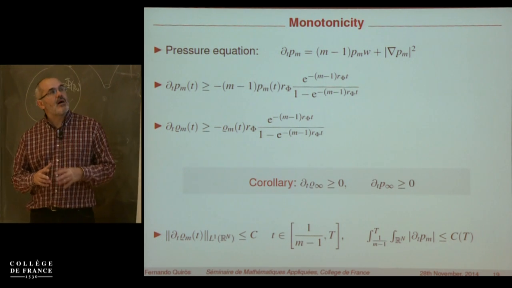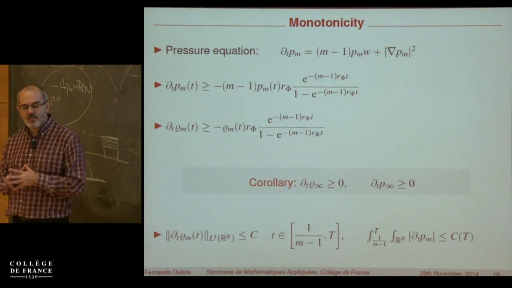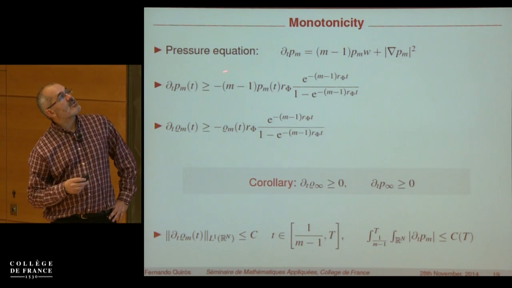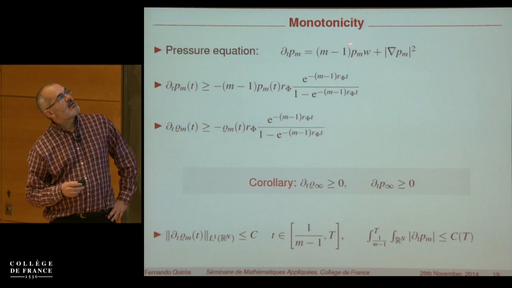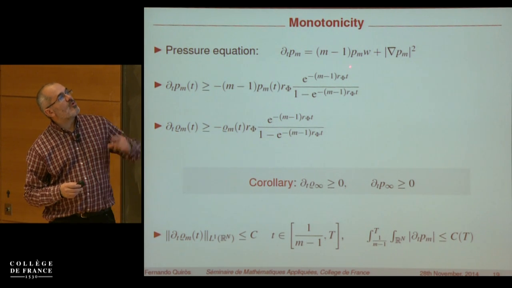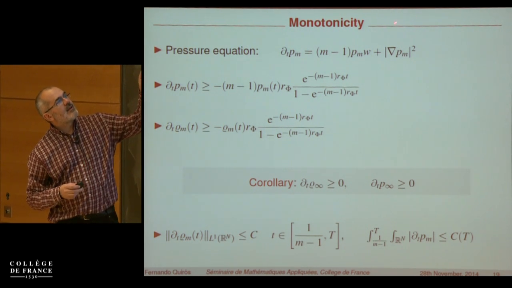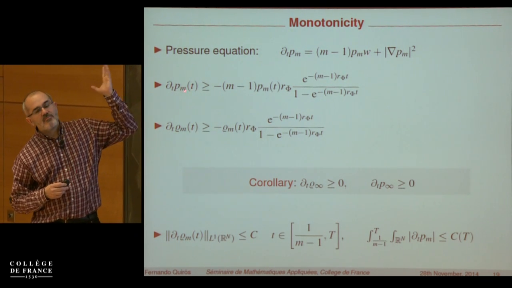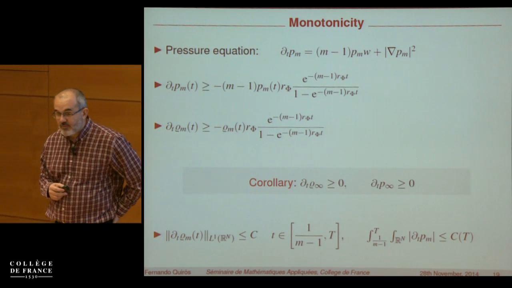So this estimate really gives a lot of information. The first thing is that, if you use the pressure equation, which is here, you can write it in this way with the W here. Since this has a sign, and you have an estimate from below for the W, you immediately get an estimate from below for the time derivative of the pressure.